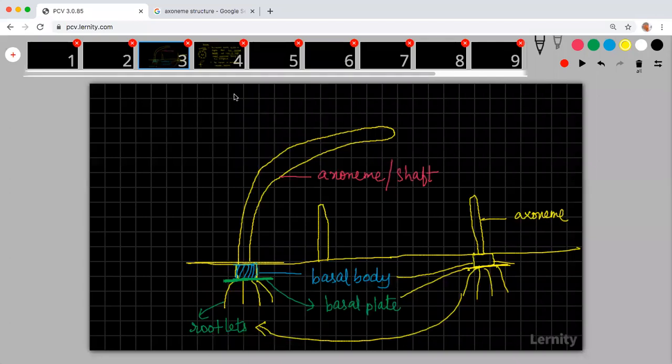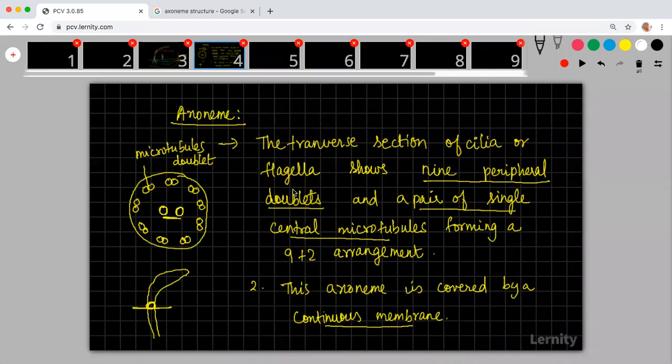In that particular flagella, you will be able to see some structures inside. What are these made up of? Inside, microtubules are made. But there is a pattern in which these microtubules are going through. What is the pattern? This is the pattern that you are seeing.